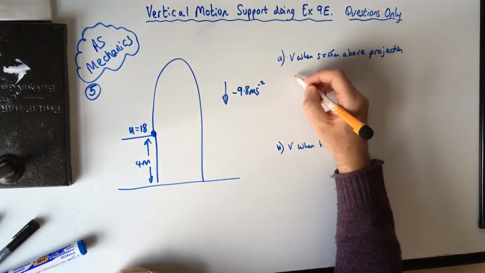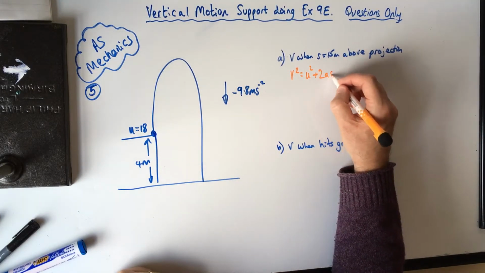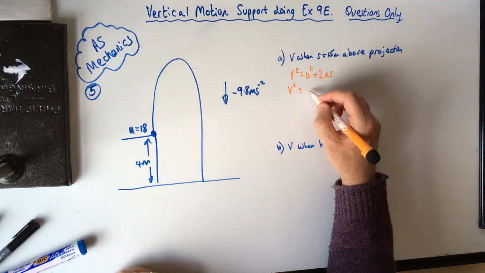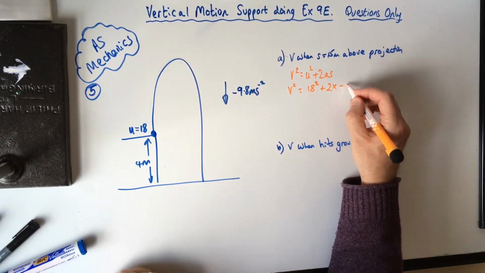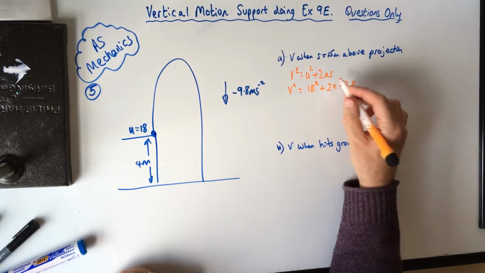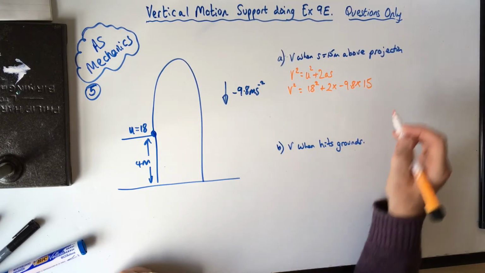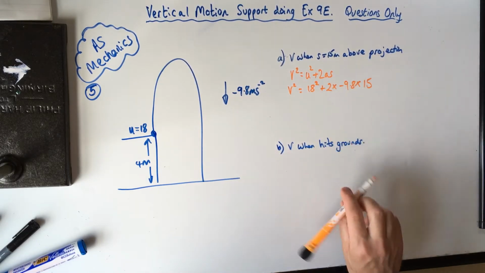So if we go v squared is equal to u squared plus 2as, so we're going to go v squared is equal to 18 squared plus 2 times minus 9.8, times, we want it when it's 15 meters above the point of projection. So that is what you're going to do.